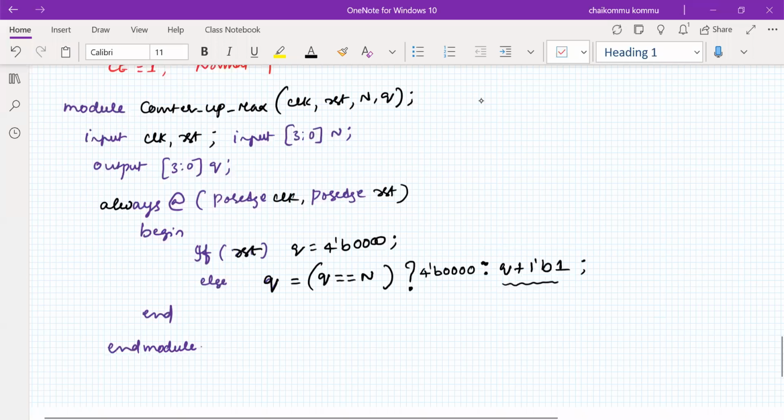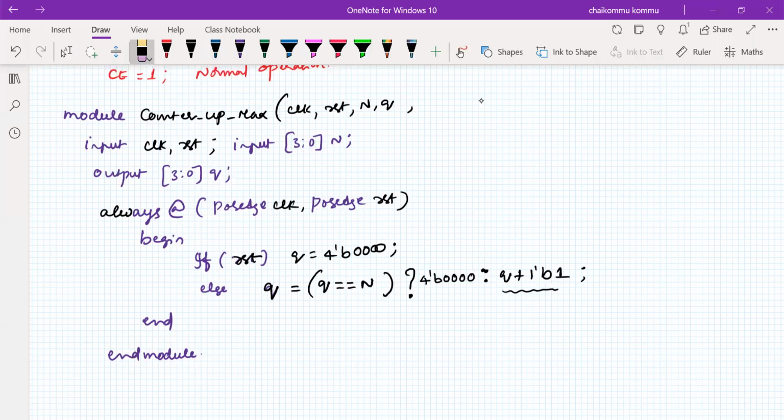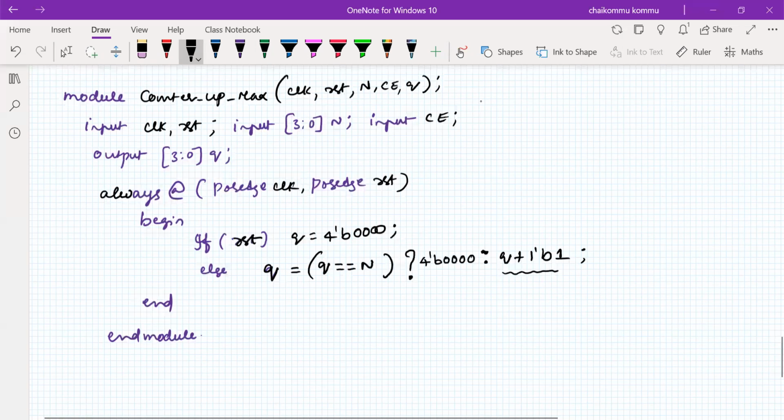So again, I need to include count enable also, CE, comma Q. Another input, I'll write here separately, input is CE. Okay, for every positive edge of the clock, then the count enable has to happen.